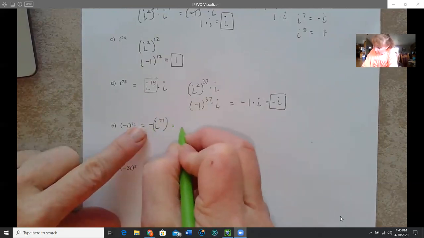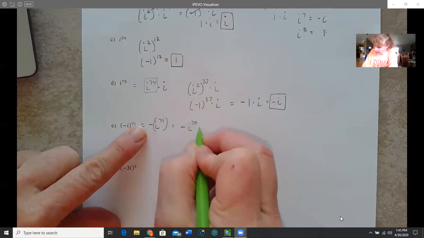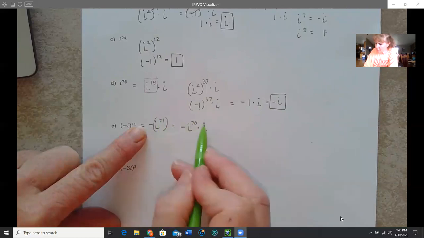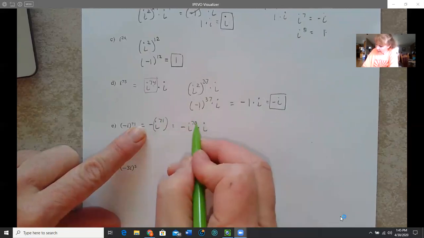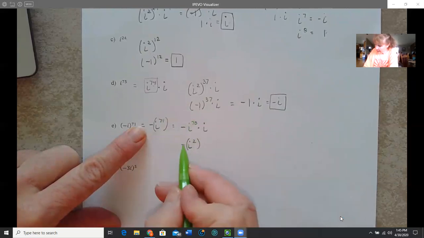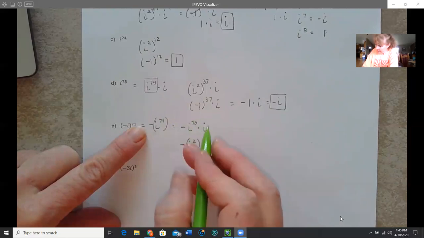So we'll go ahead and keep it there. i to the 70th times i. It was odd, so I subtracted 1 out. You always want this first one to be even. Divide that by 2. I'm leaving that negative outside of this, and I'm going to have 35.